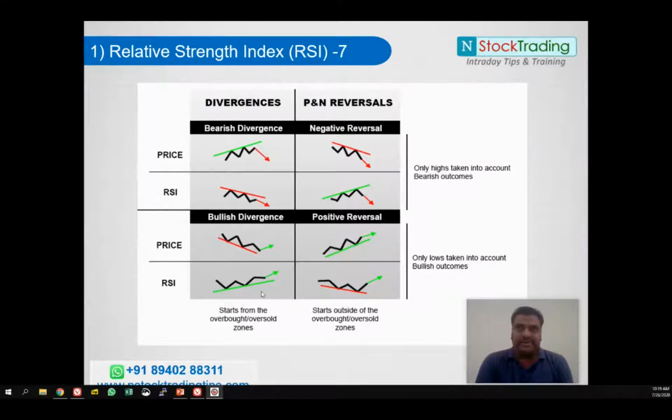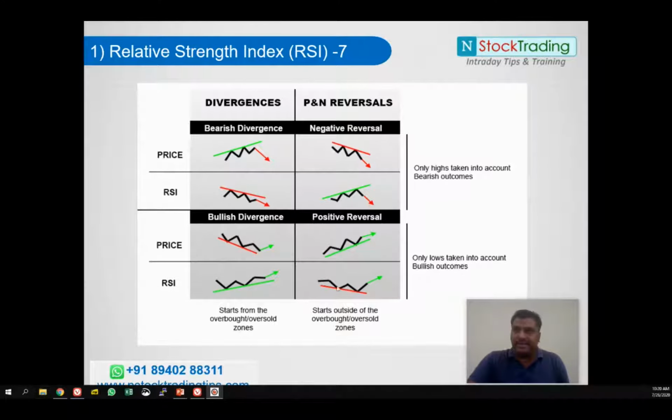Now, we also saw positive and negative reversals. What are these? If you see here, this is also similar. The price comes down, but RSI moves up. What does it mean? It happens outside the oversold and overbought zones. Again, the price is going to go in a negative direction. This is what is meant by a negative reversal.